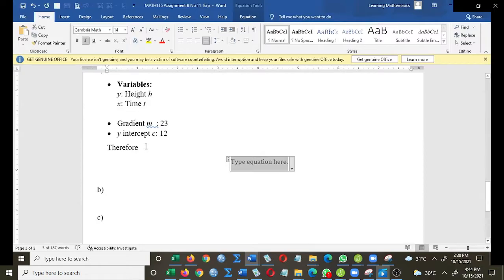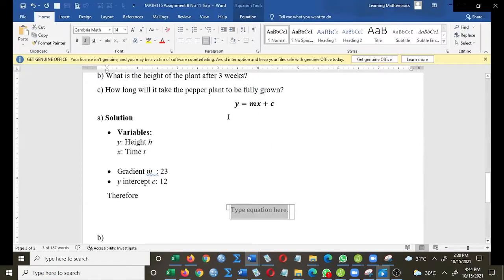Therefore, we have identified the 4 elements we need: the Y, the M, the X, the C. How can we complete our equation? Anybody? H is equal to 23T plus 12.